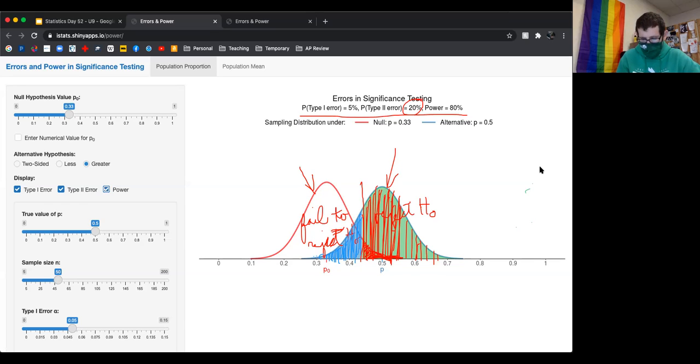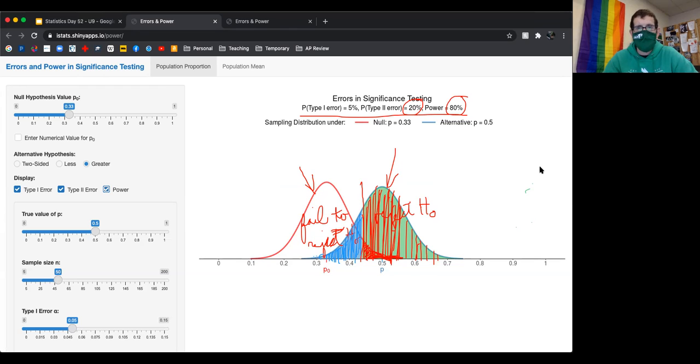And that means there's an 80% chance that we're going to correctly reject the null hypothesis. And so therefore we end up with a power of 80% and a probability of a type 2 error of 20%.